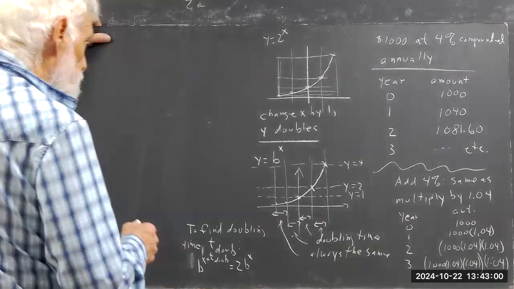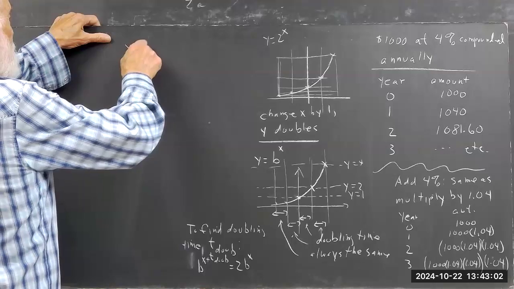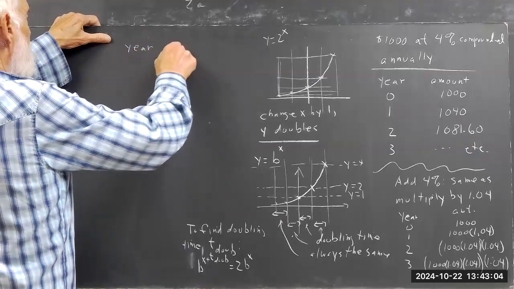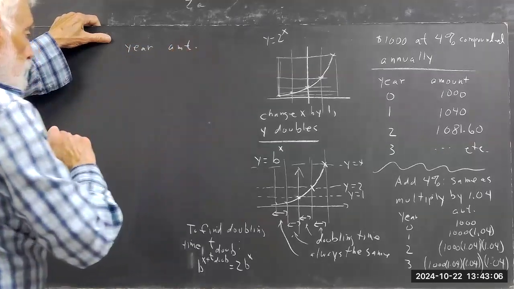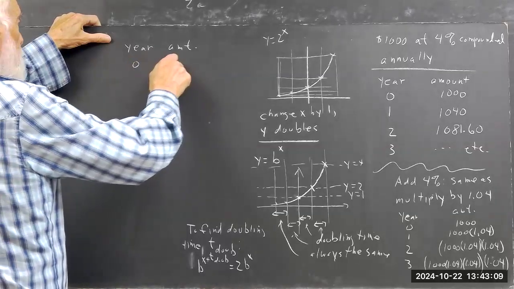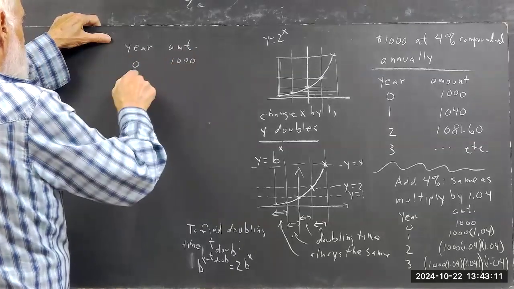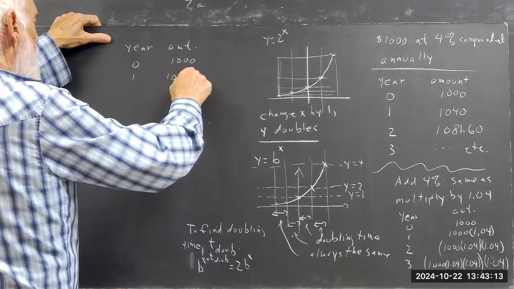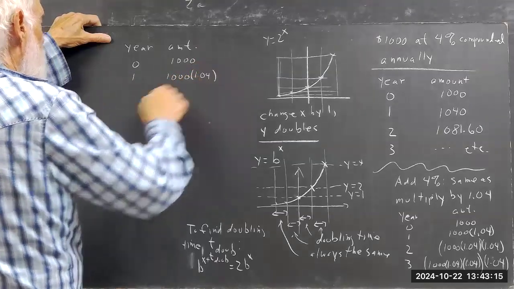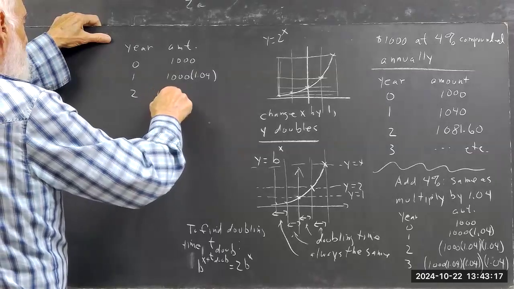Okay, well, my point now is year, amount. 0, 1,000. 1,000 times 1.04.